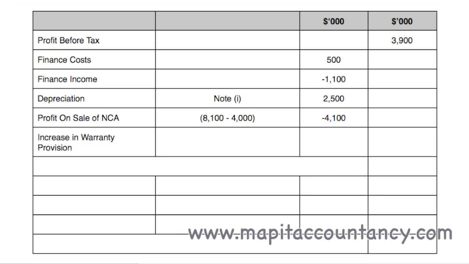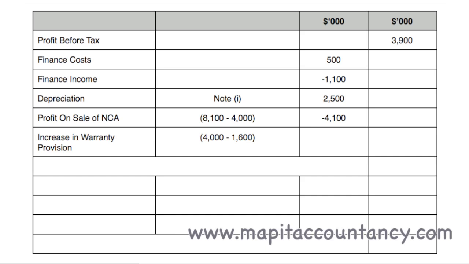We also then are told in note 4, the movement in the product warranty provision has been included in cost of sales. So looking at the statement of financial position we're given, we can see that the warranty provision is down at the bottom there in our current liabilities. It has moved in the year from 4,000 to 1,600.